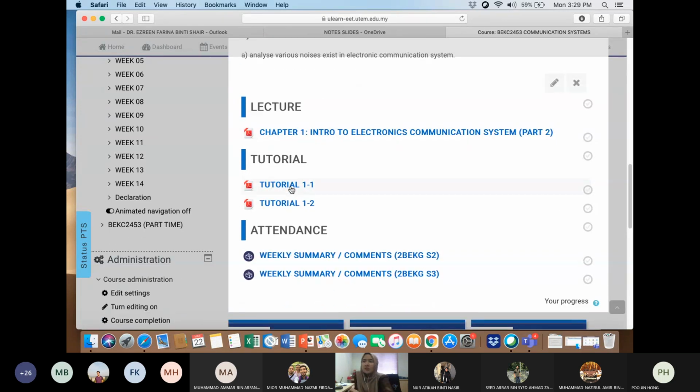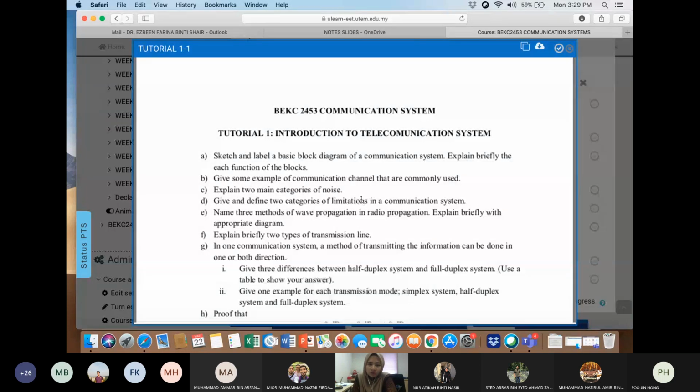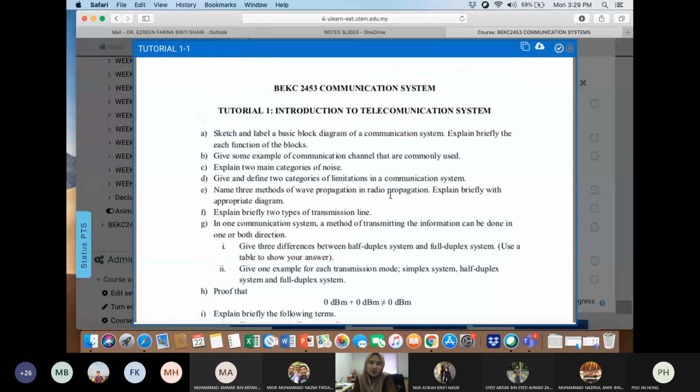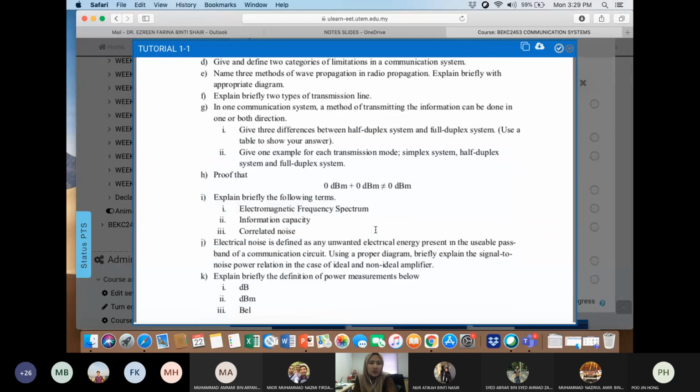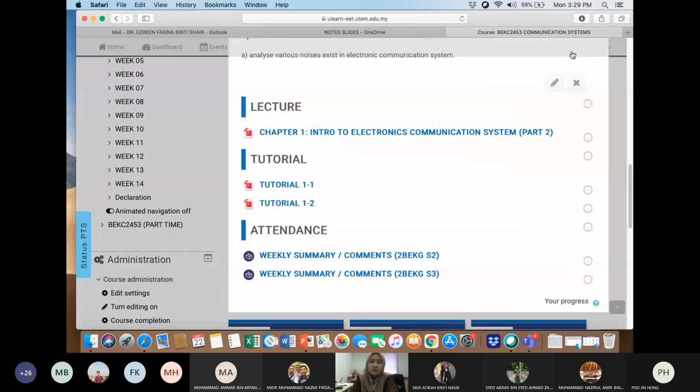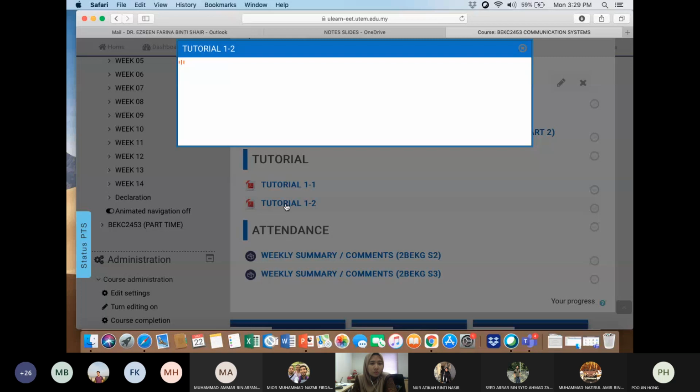Okay, so since we have finished chapter 1, then you can try and do the tutorial. For tutorial 1, I don't think this one fully theory. So I think for this one kita takkan discuss for theory lah. Boleh refer from your notes. But the second one, this is also tutorial for chapter 1.